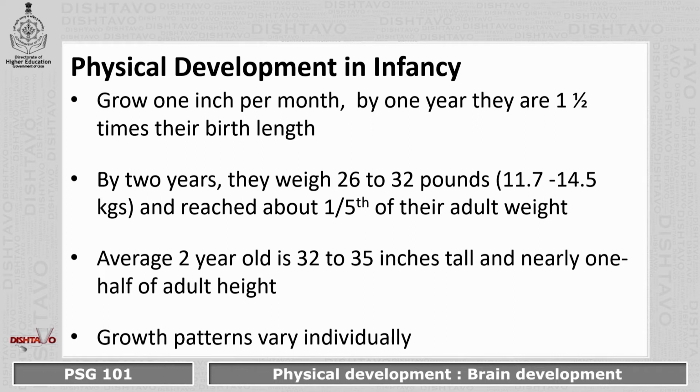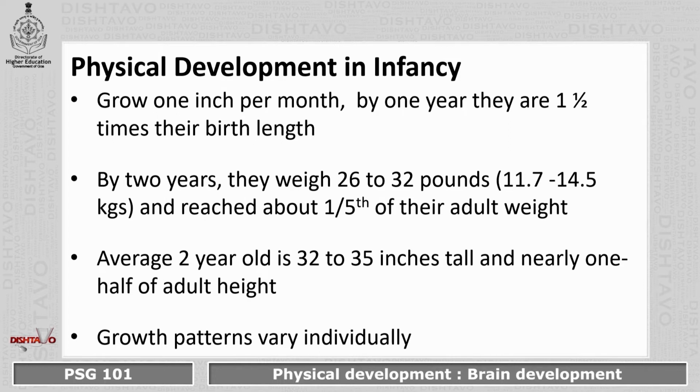In the second year of life, infants' rate of growth slows considerably. By 2 years of age, infants weigh approximately 26 to 32 pounds. That is between 11.7 to 14.5 kgs. Having gained a quarter to half a pound per month during the second year.